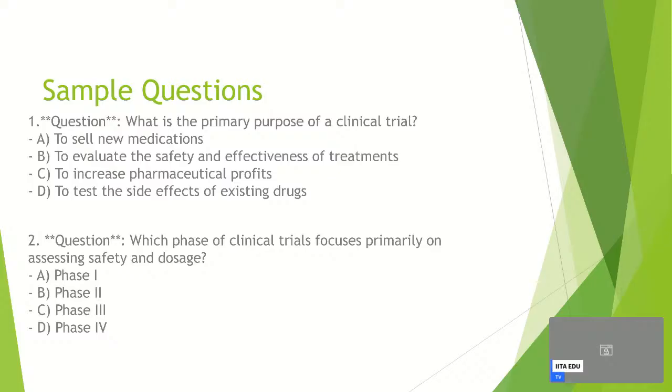So sample question 1. What is the primary purpose of clinical trial? A, to sell new medications. B, to evaluate the safety and effectiveness of treatments. C, to increase pharmaceutical profit. D, to prevent the side effects of existing drugs.